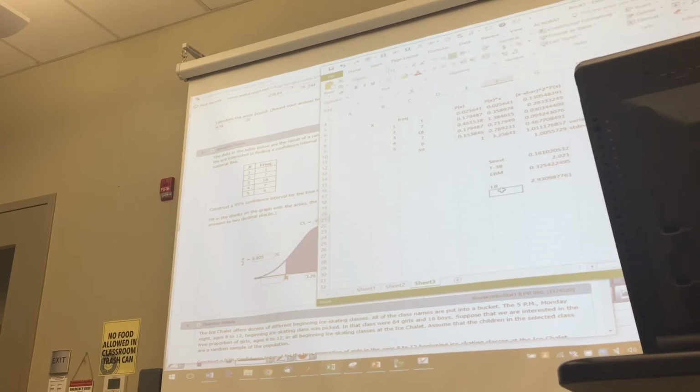How do I get my upper bound? You add it. I take my mean and add the error bound margin. So I end up with what?